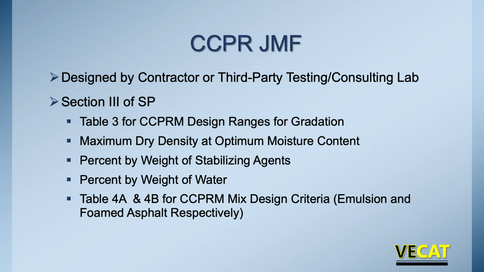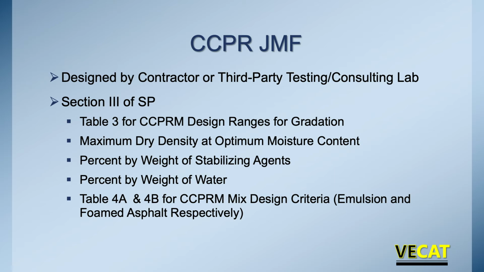We're providing in this mix design the percentage of stabilizing agents. So with CCPR, we're either stabilizing with a foamed asphalt or with an asphalt emulsion. Depending on which stabilizing agent is used by the contractor, unless specified in the contract, the designer must put on their job mix formula how much they're using.